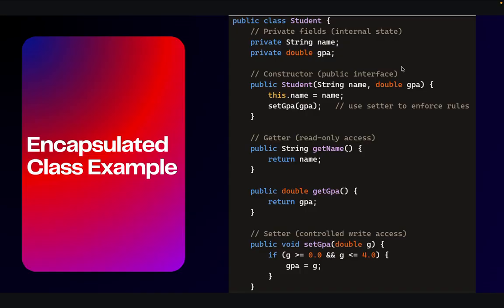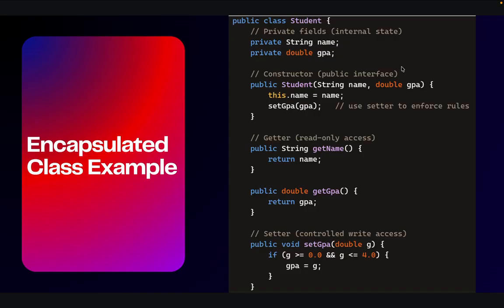We have a getter, which will then get or retrieve the name of whatever is placed into it. We have another method that is for our getter of our GPA. So we have a get name and a get GPA, both pretty much getting the name of the person and the GPA.